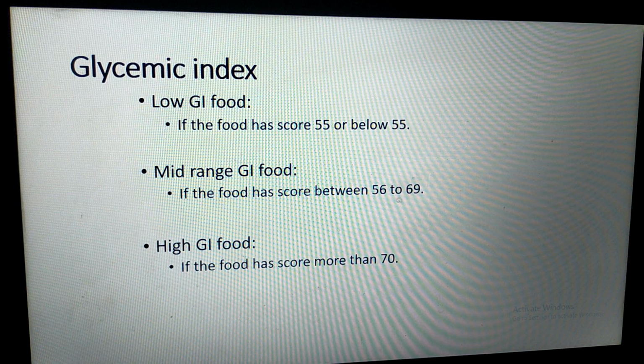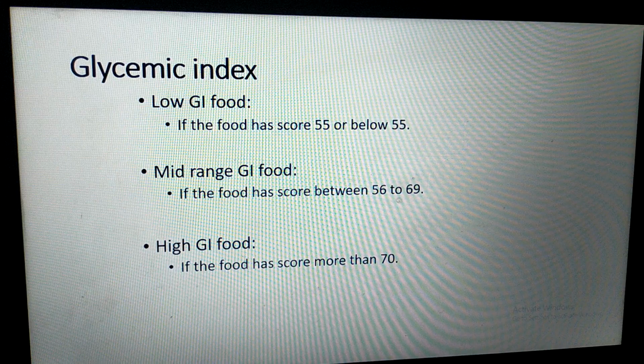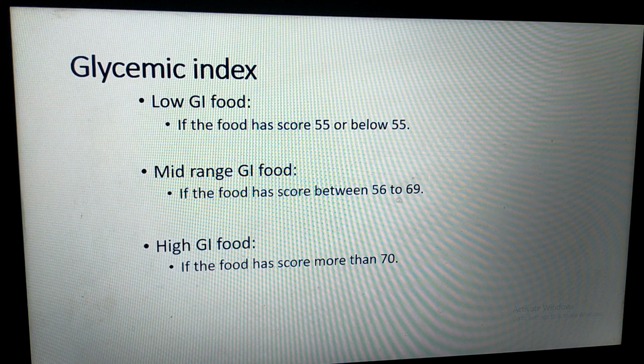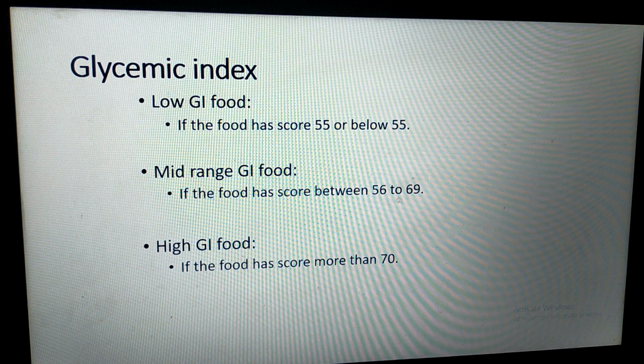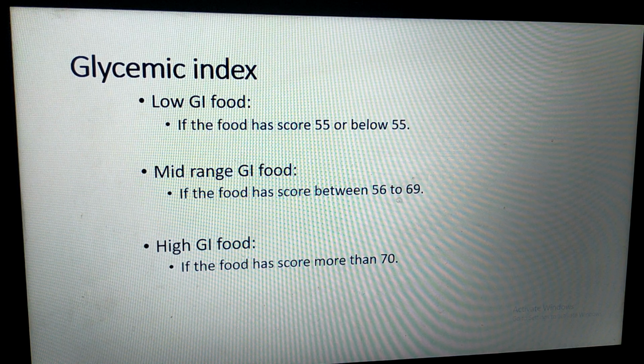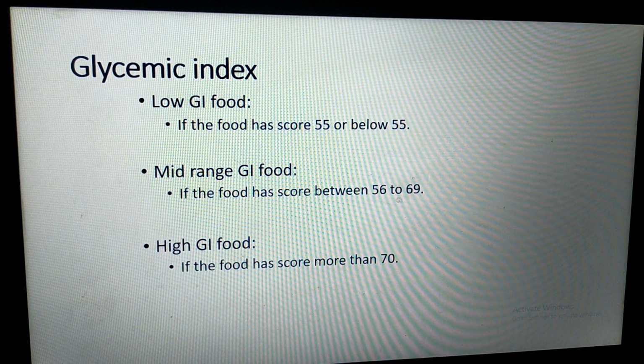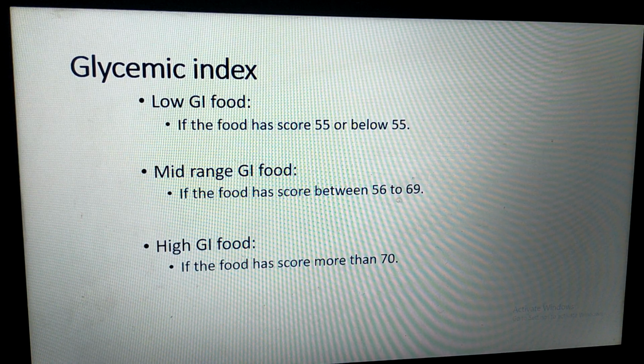If the score of the food by the previous formula ranges from 56 to 69, then it is called a food of mid-range glycemic index. And if the score of the test meal is 70 or more, then you call that food a food of high glycemic index.